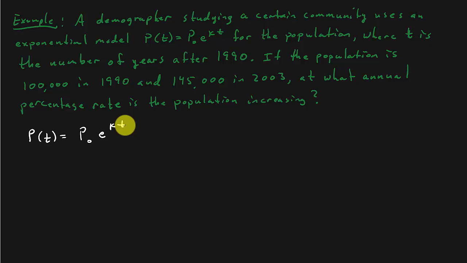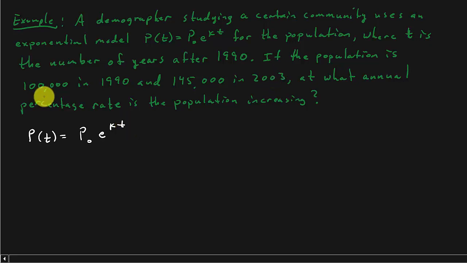All right, so it says the population is 100,000 in 1990. What that's telling us is that P of 0 is equal to 100,000. Because what does it say? It says for the population where t is the number of years after 1990.